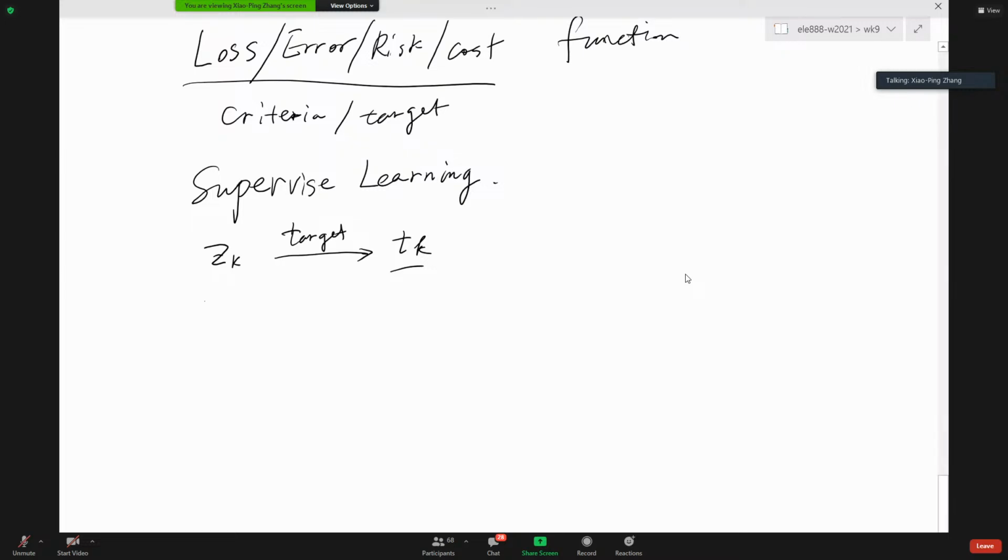But here, for the purpose of introducing this algorithm, in your practice question you will see another form. Here, let's say W is the parameter, our weight.